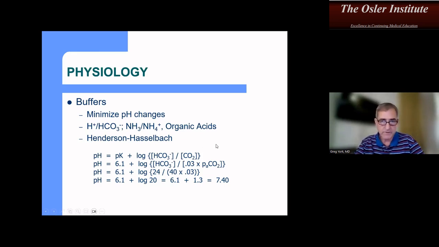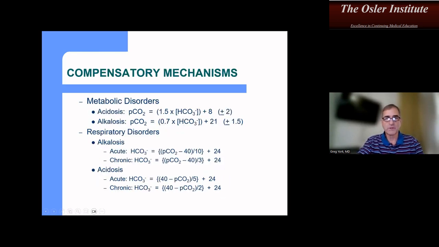And it's defined by the Henderson-Hasselbalch equation. We can determine the pH in our body by this equation here when we plug in our normal bicarb and our normal CO2 concentration. That gives us a pH of 7.4, which is normal for us. There are certain compensatory mechanisms when we're looking at acid base and pH to see if there's an appropriate compensation done by the body for a metabolic or respiratory disorder.